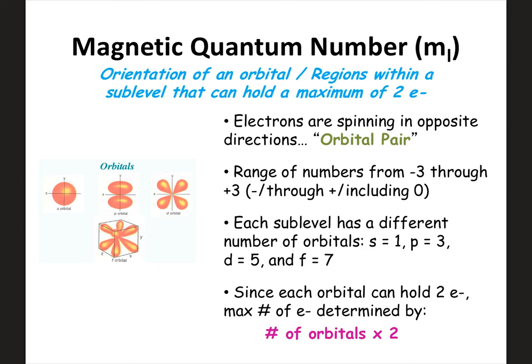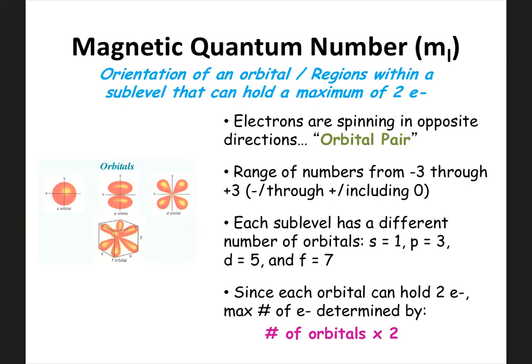Remember, every sublevel has a different number of orbitals. All right, each orbital can only hold at most 2 electrons. So this corresponds to how many particular electrons a sublevel can have. S's only have 1 orbital. Remember, orbitals are the boxes if you were doing orbital diagrams. So you would only ever draw 1 box or 1 orbital for an S with at most 2 electrons in there.